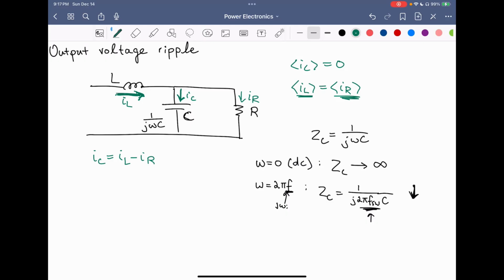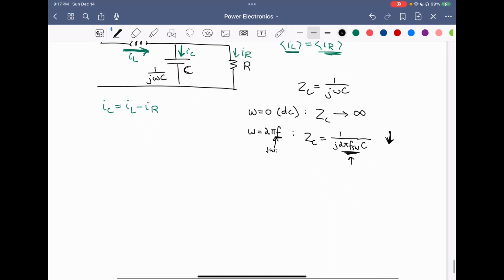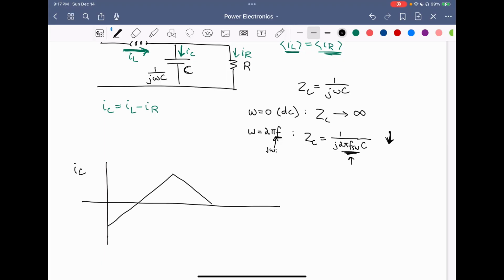So therefore, in our output voltage ripple calculation, we're going to assume that all of the inductor current ripple goes through the capacitor. So if we draw out the capacitor current, it's going to be equal to the ripple component of the inductor current. So it's going to look like this.